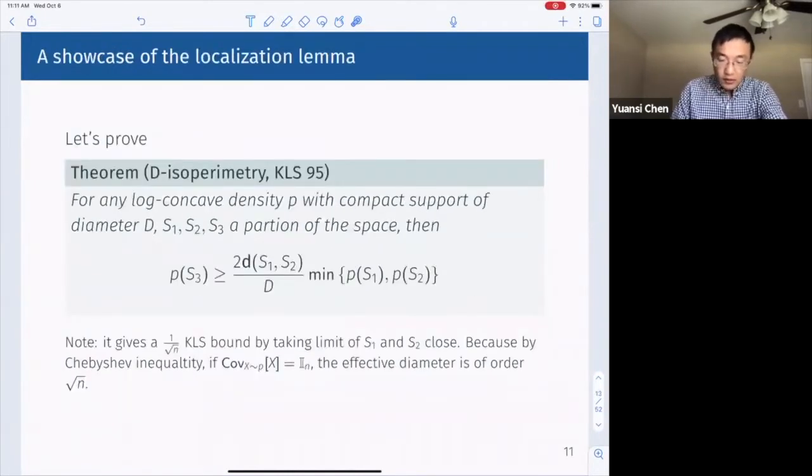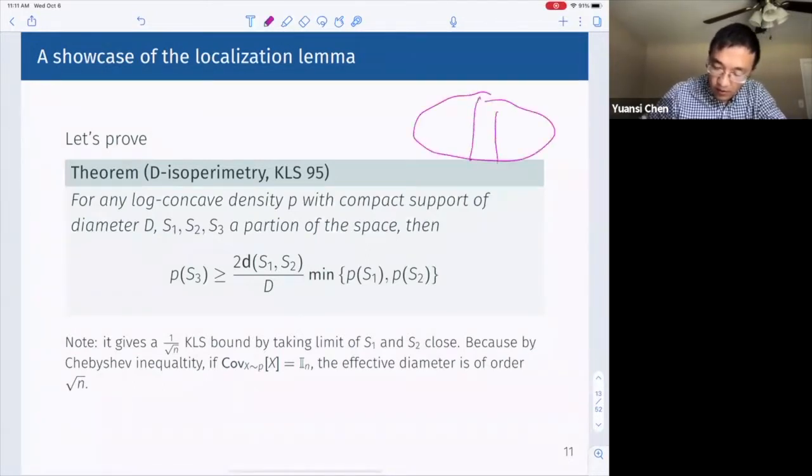Okay, so in the KLS 95 paper, they were trying to use this technique to prove this diameter isoperimetric inequality. The way it's stated is slightly different than what we have seen in the KLS conjecture. Here you have a partition of the space: S1, S2, and S3.